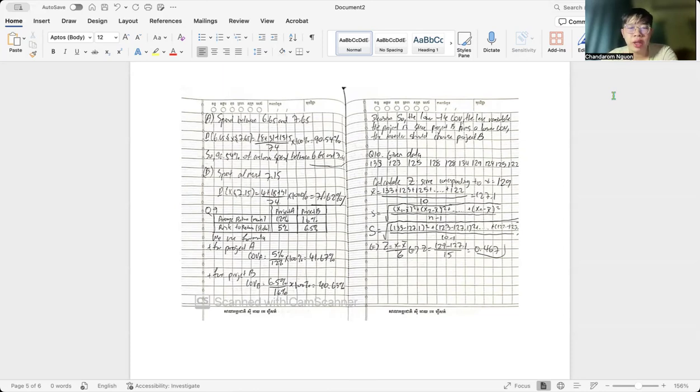To do this, we look at the histogram and focus on spending amounts that are less than or equal to 7.15. This includes the spending ranges 6.40 to 6.65, 6.65 to 6.90, and 6.90 to 7.15.